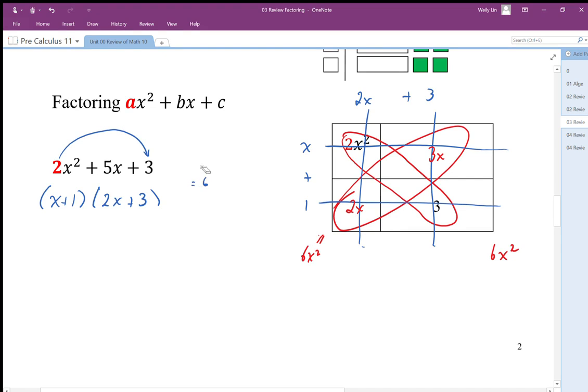And some of you use that 2 times 3 equals 6 to split up the middle term 5x into 2 and 3. That's essentially the same thing, but this is the reason why we're able to do that. It's this property that the diagonal product of a box multiplication is equal to the other diagonal product, which allows us to split up this middle term. And that's the key to factoring these types.